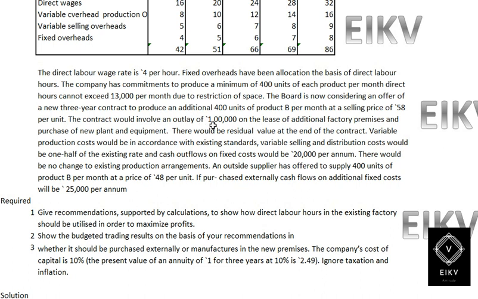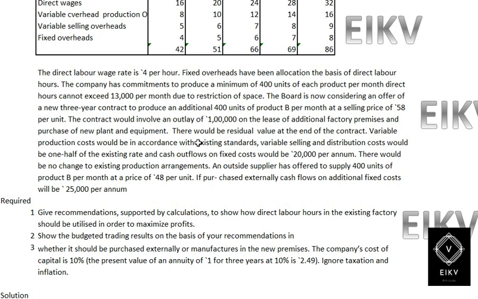The contract would involve an outlay of 1 lakh on the lease of additional factory premises and purchase of the new plant and equipment. There would be a residual value at the end of the contract.